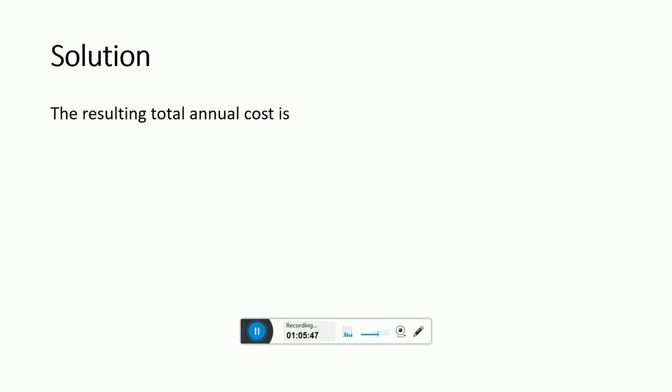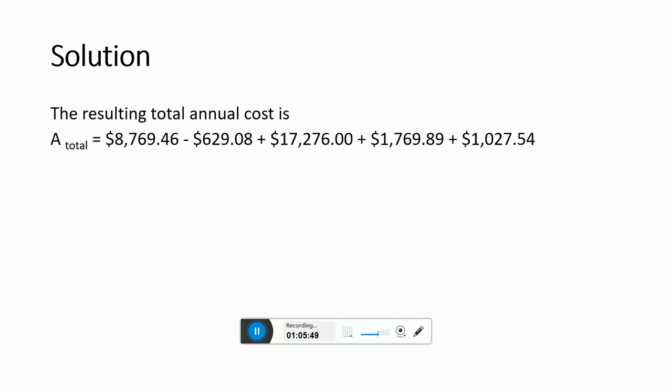So the resulting total annualized cost, if we see, is this one. 8769 is the ownership cost, and the salvage cost we have to deduct because this is the cost which we will get back. That's why this is minus.